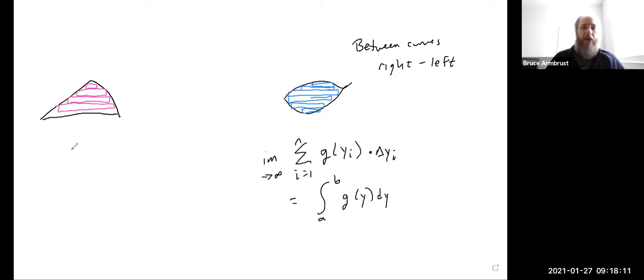So let's do this one. Here are going to be our equations. One of them is going to be 10 minus x squared. Pretend that that's a decent parabola. That's y equals 10 minus x squared.